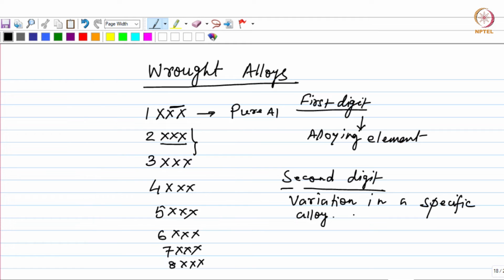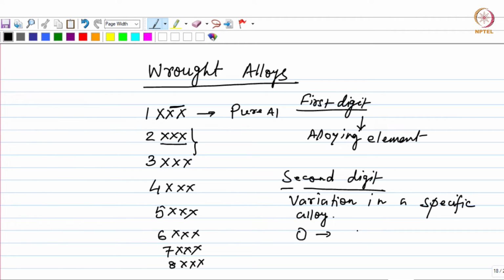Okay, so this second digit signifies what kind of control has been exercised to obtain those compositions for a particular property or properties. If the second digit is 0, then it indicates that the alloying elements have been added to aluminium with whatever impurity it had, without much purification.